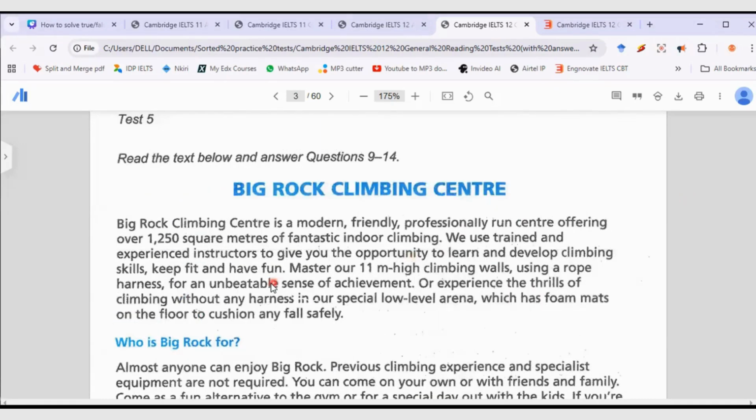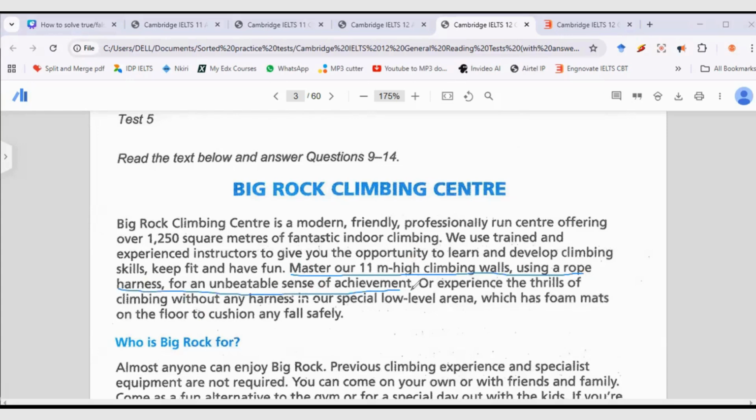So look at that place where they wrote rope. Master our 11-meter high climbing walls using a rope harness for unbeatable sense of achievement. So you see that in this sentence, this sentence that I'm underlining, there's nothing about compulsory there.